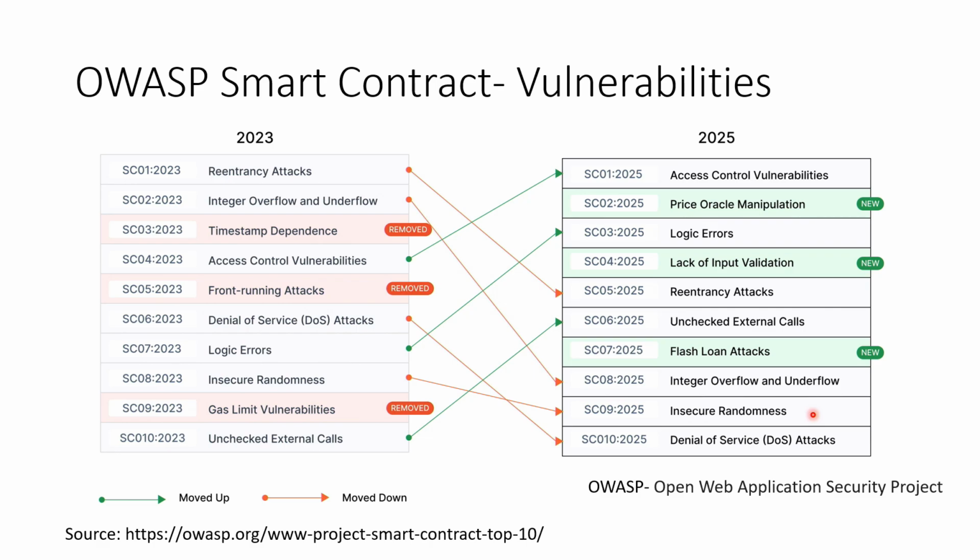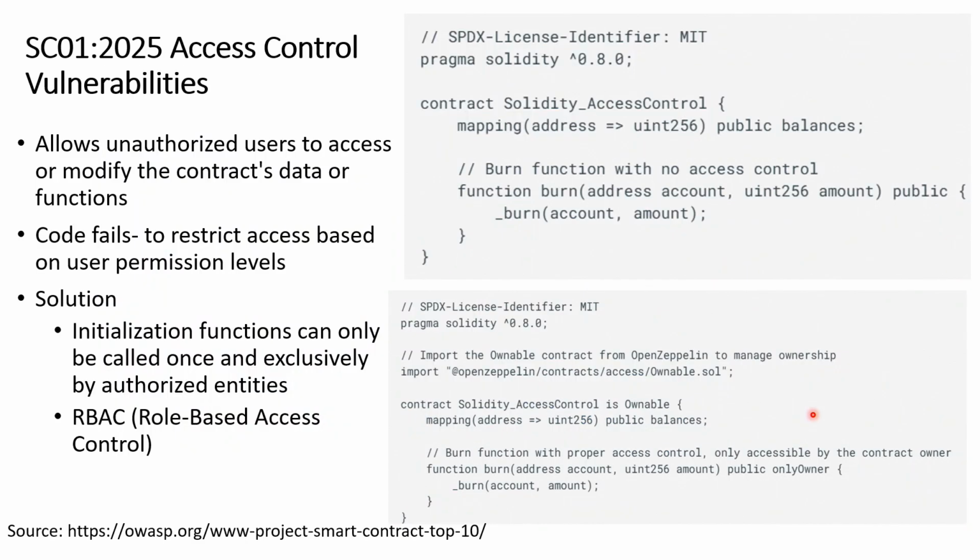The first vulnerability is about access control vulnerabilities. Suppose you are writing code like this. In this case, it allows an unauthorized user to access that particular function because no access mechanism is mentioned. So in this case, the function burn can be accessed by anybody.